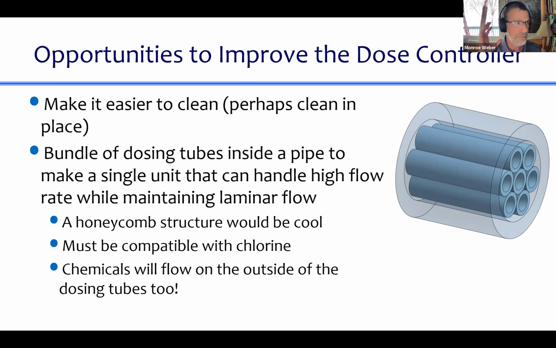A hexagonal structure. That would be really, really sweet, but I don't know how to do it. And there's limited materials that actually work with chlorine. PVC is like the best material for working with chlorine. And there's Tygon tubing, which is also PVC tubing that's just flexible.